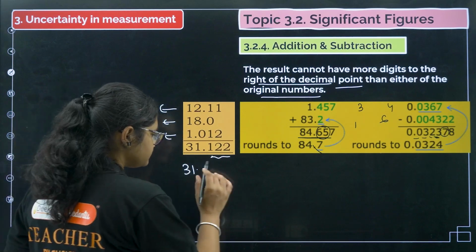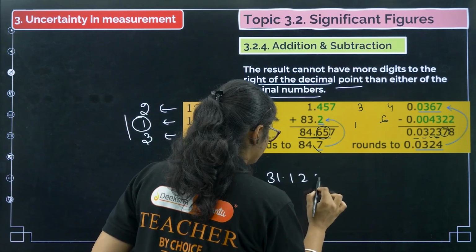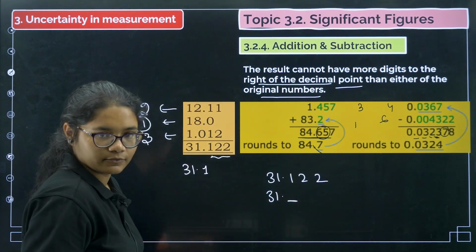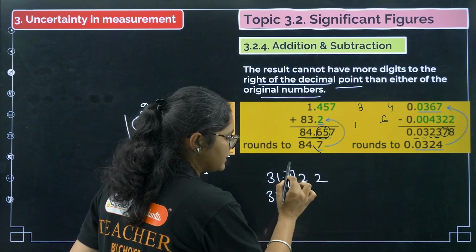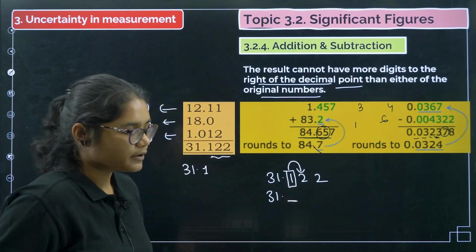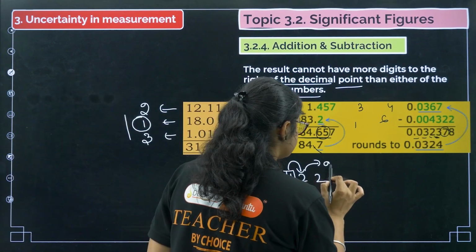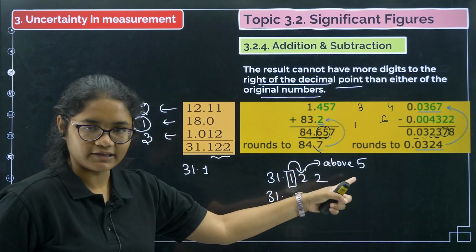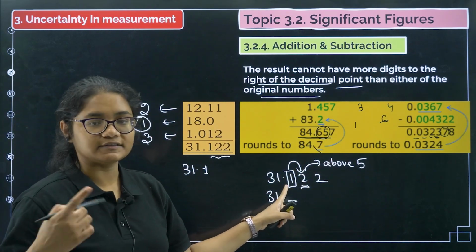Now see, suppose 31.122 is there. I need to write only one digit after this decimal. So you need to check the next digit. If the next digit is above 5, then this digit will increase by 1.